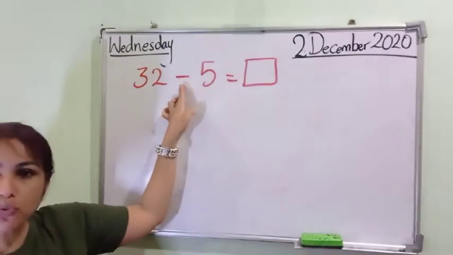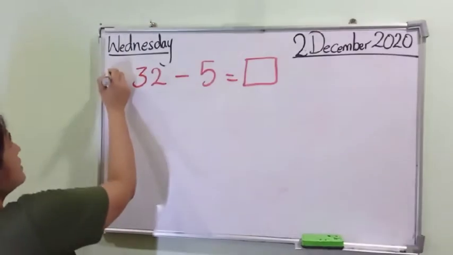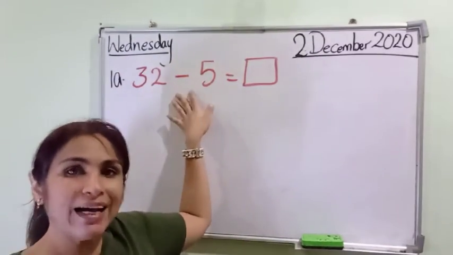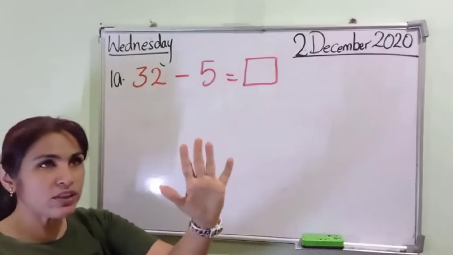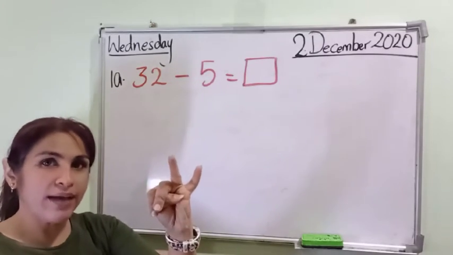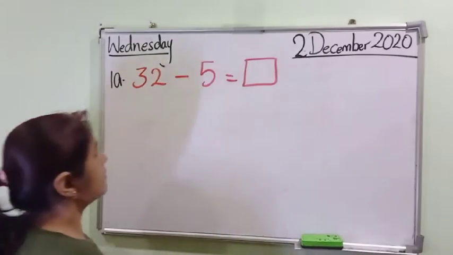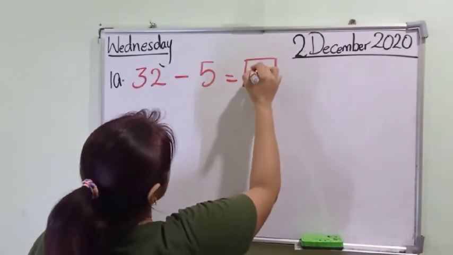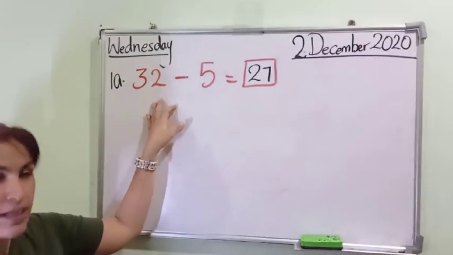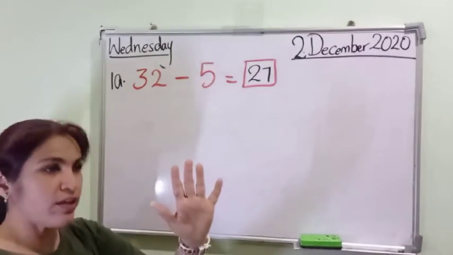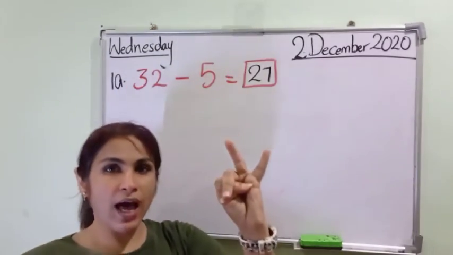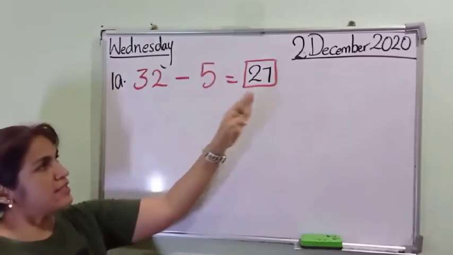This is subtraction, so this is going to be a backward counting. So before 32 is 31, 30, 29, 28, 27. 27, once again, 32 in your brain, 5 on your finger, backward count, 31, 30, 29, 28, 27.